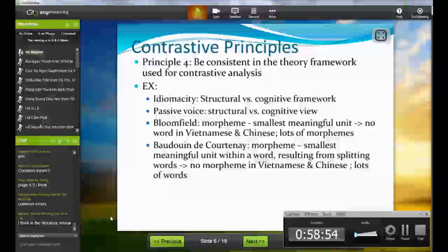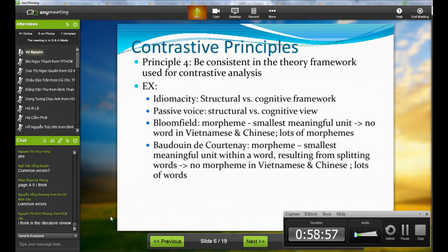Now, if you look at the literature review part, you can see that the student is trying to describe her viewpoint about the structures of Vietnamese and English words by discussing the nature of morphemes, bound morphemes and free morphemes.